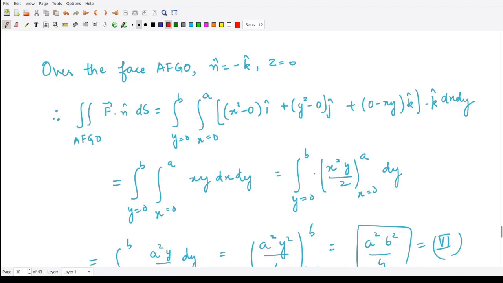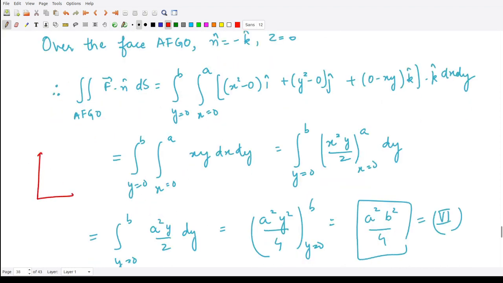And for the last face, we are performing this surface integral over the face AFGO. So let's see what this face AFGO is. AFGO is this face. The unit normal drawn is in this particular direction.